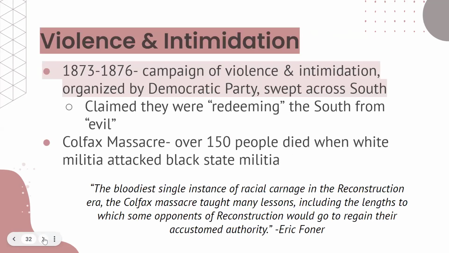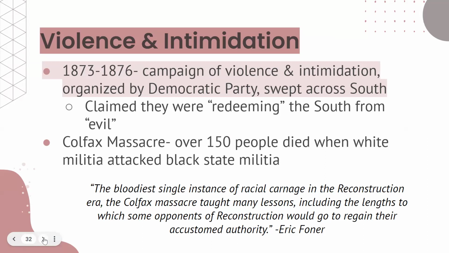Speaking of violence and intimidation, from 1873 to 1876, there was a campaign of violence and intimidation organized by the Democratic Party that swept across the South. Now remember, when we're saying Democratic Party here, we are actually referring to what would lead to become the modern Republican Party, okay? That's over 100 years, and anyway.